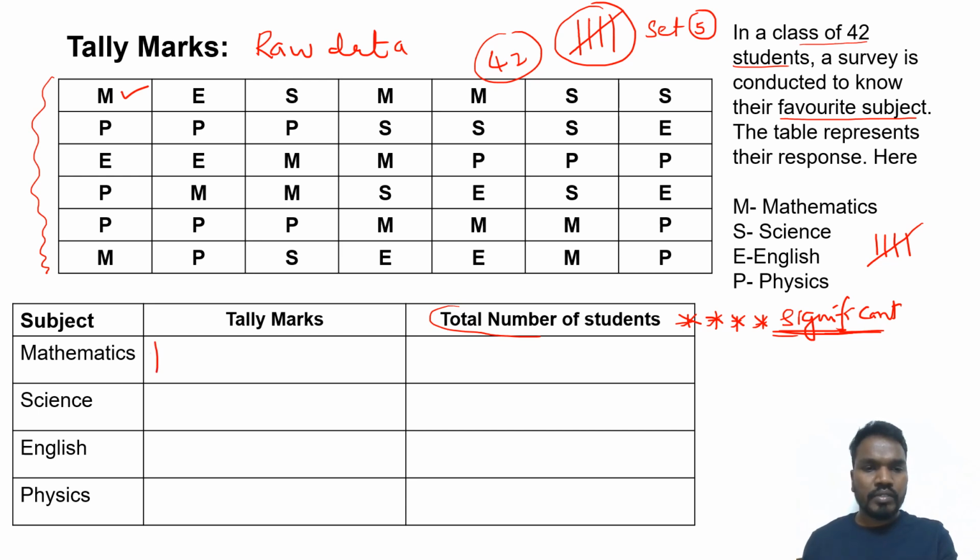Next E, second student, and third student is S. There are two students with M, one, two. Then there are S students, and how many P's?